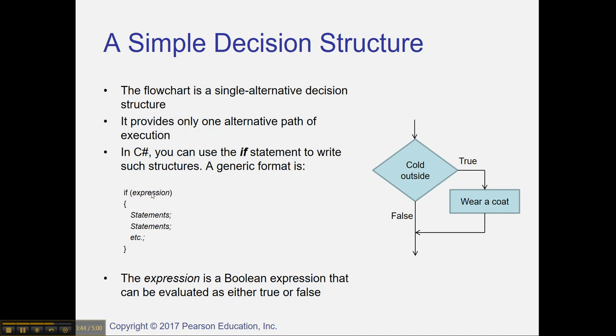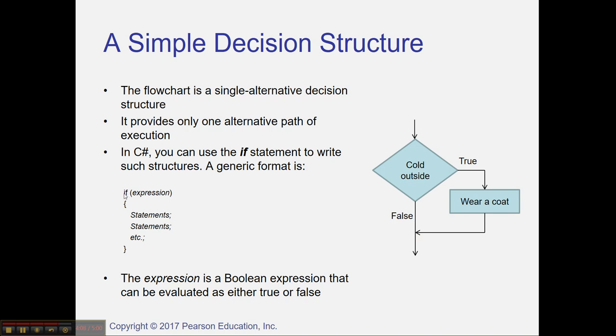So if the expression is true, then perform what's in the braces, so that it'll perform that block of statements. In the example here, the question was, is it equal to cold? That would be either true or false. So if it's true, we wear a coat. If it's false, we just carry on with the execution of the program.